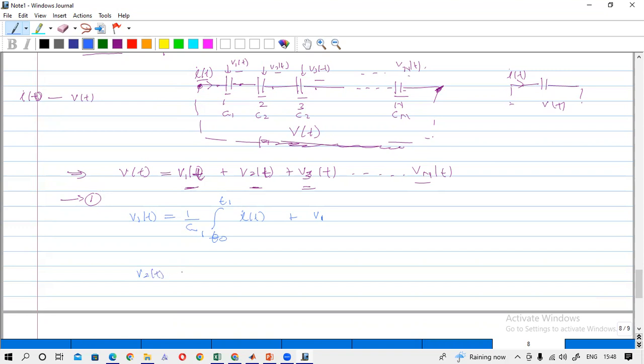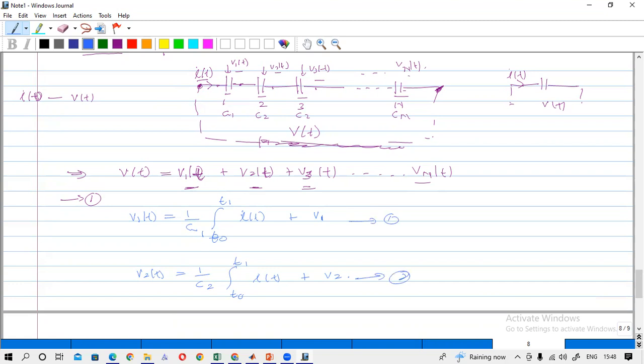So V2t is equal to 1 by C2 integral from T naught to T1 of It plus V2. So this is the first one and this is the second one.